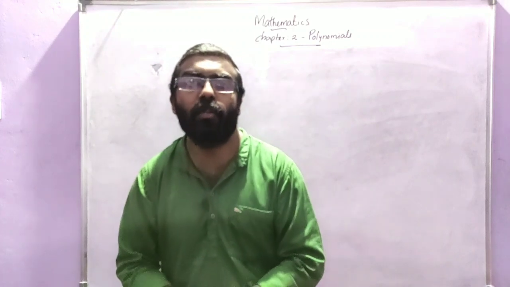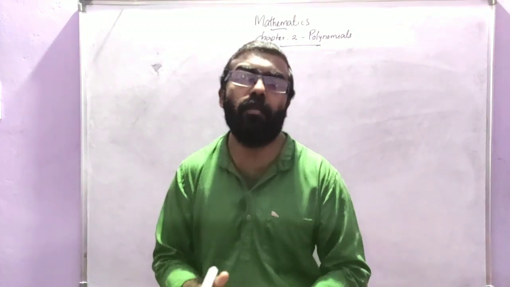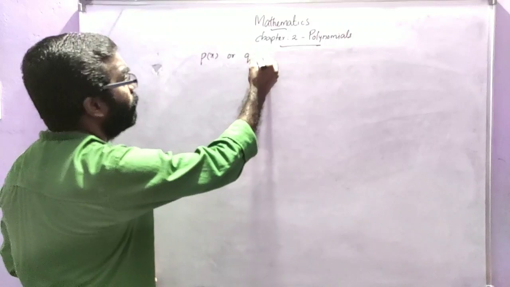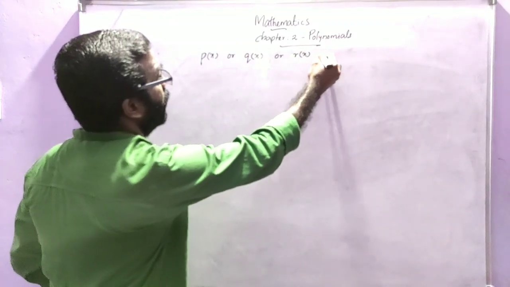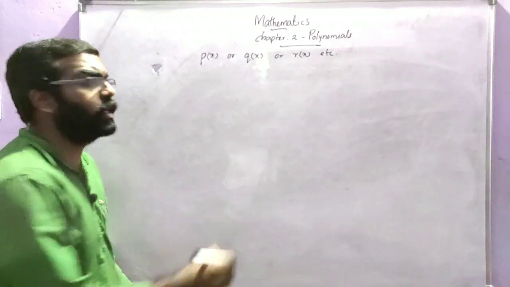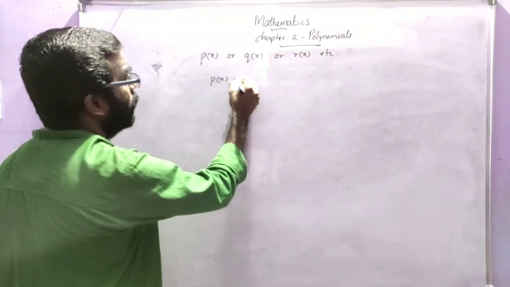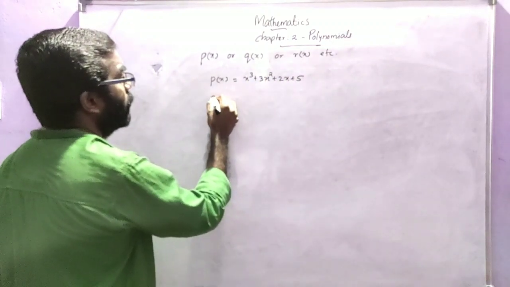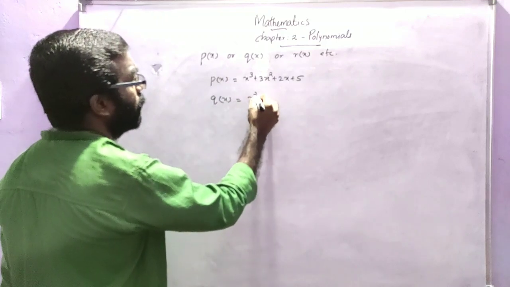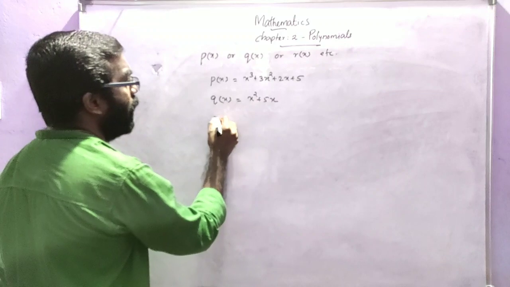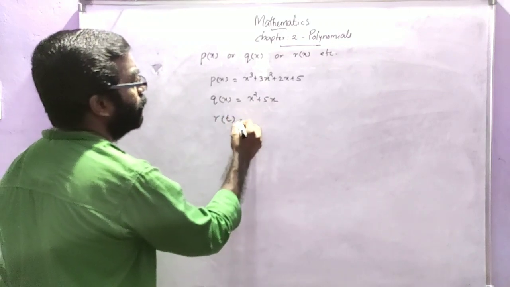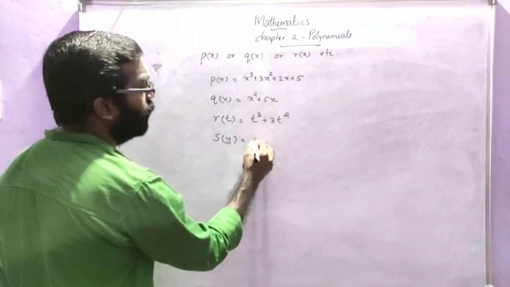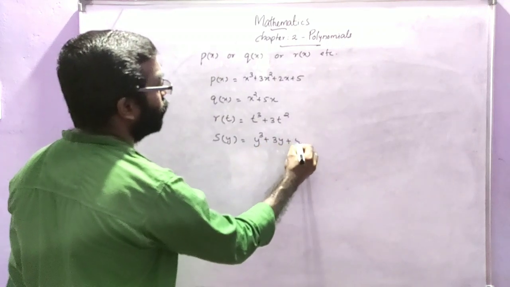Now we can discuss how we can denote a polynomial in the variable x. If the variable in a polynomial is x, we may denote the polynomial by p of x, or we can write q of x or r of x, etc. For example, p of x is equal to x cube plus 3x square plus 2x plus 5, q of x is equal to x square plus 5x, r of t is equal to t cube plus 3t square, and s of y is equal to y cube plus 3y plus 5.